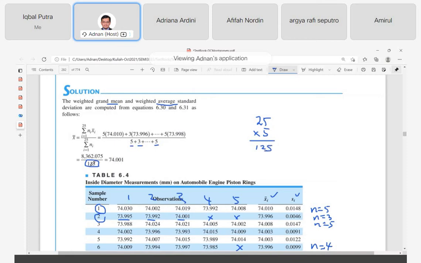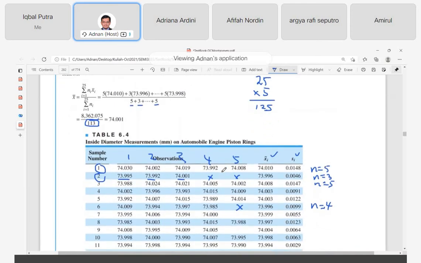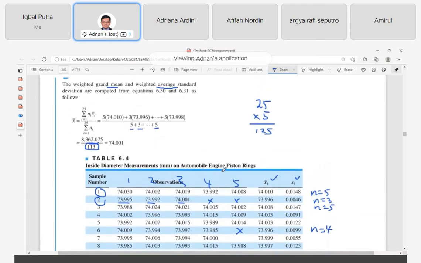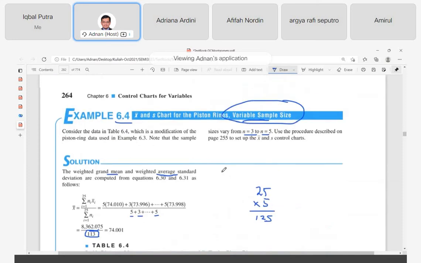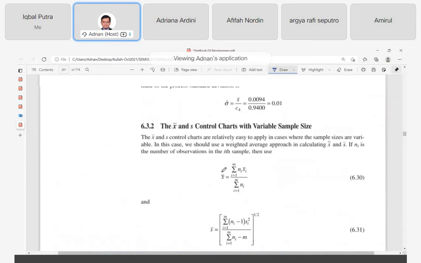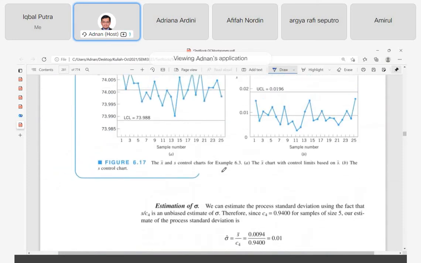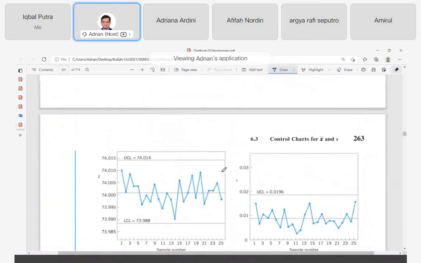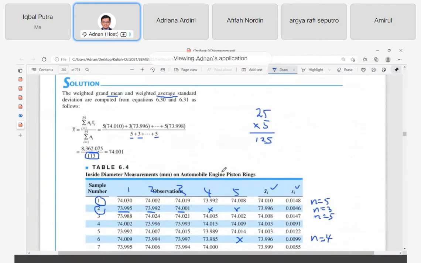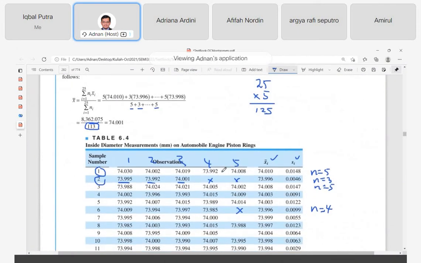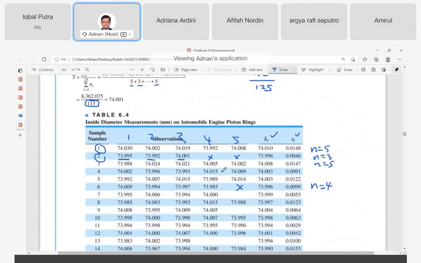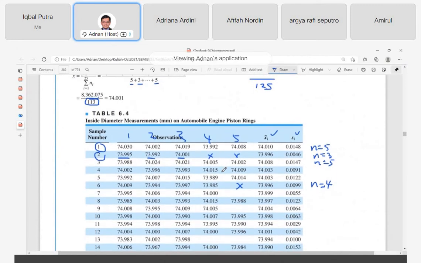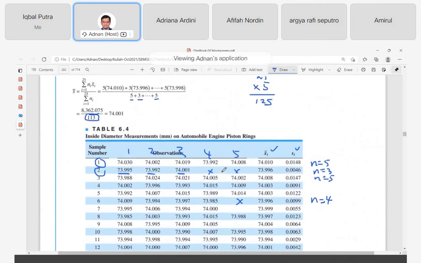The summation is 113, and the total here is also different now. So we get a new center, but luckily the center is the same. Just for the sake of example, I give you the same number, 7401, to make it easy. But anyway, the procedure is important here. We just follow the procedure. We have to calculate the total based on what we have.